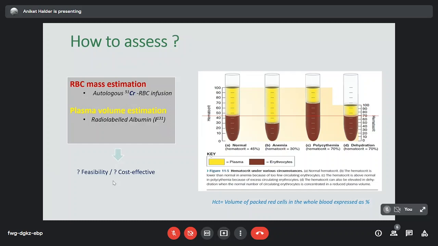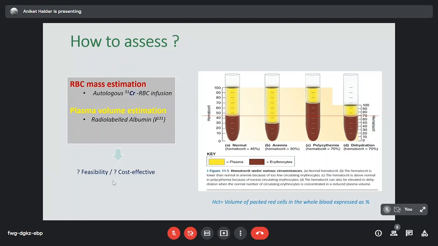First, we have to draw 10 to 15 ml of blood from a patient, then mix it with a radioactive substance like chromium 51, and then infuse it back to that patient. After 45 minutes to 1 hour, we again draw a certain amount of blood and measure the radioactivity in that drawn blood, and then multiply it with the dilution factor. So this is quite cumbersome, and it's not feasible to be practiced in our daily routine practice.